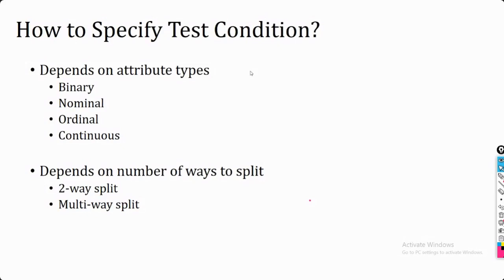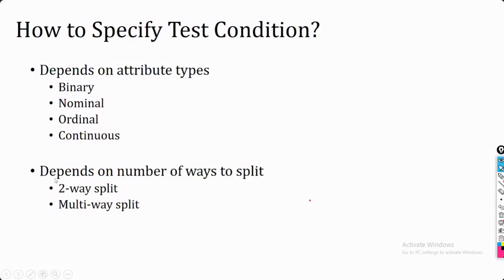Binary means two values, nominal is categorical, ordinal means order is important, and continuous is basically a real value, like height, age, or salary of a person. So whenever you select the attribute and perform the division, you also need to take care of what kind of attribute you are having.